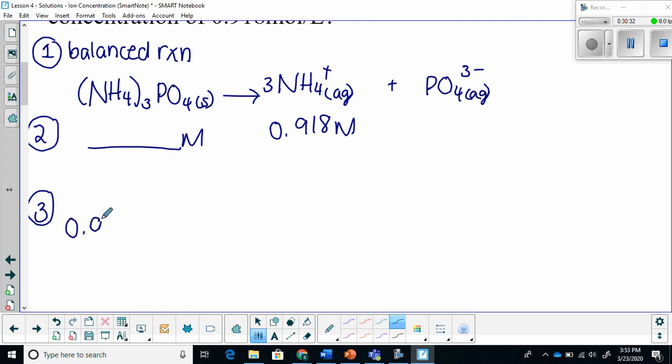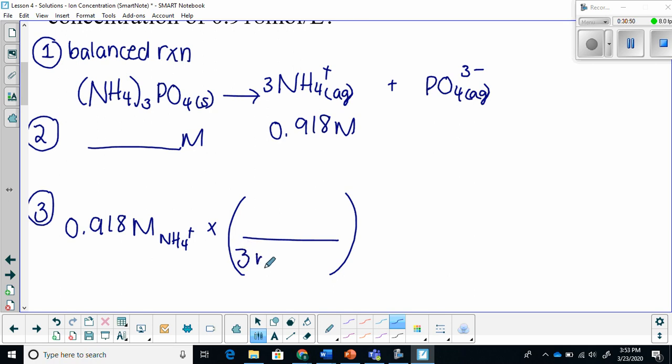So 0.918 mole per liter of NH4 plus. We're going to use our molar ratio. There are 3 moles of NH4 plus, so we get that 3 from that coefficient. And we want NH4 plus in the denominator so that we can cancel it out from the numerator here. Then we have 1 mole of (NH4)3 phosphate.